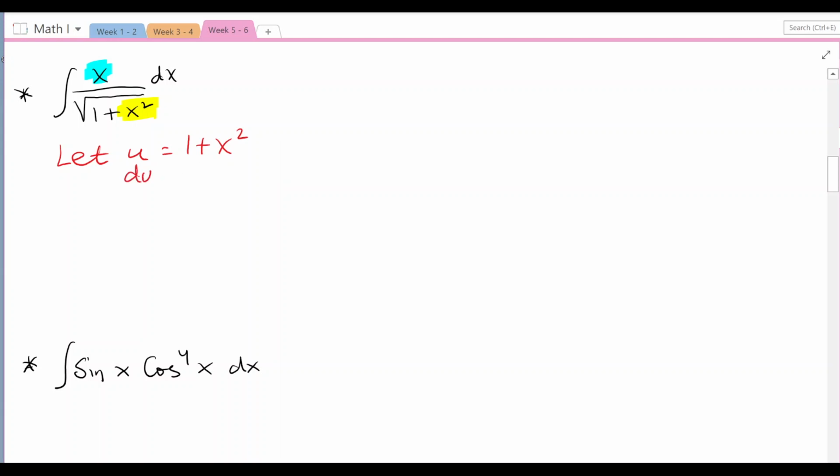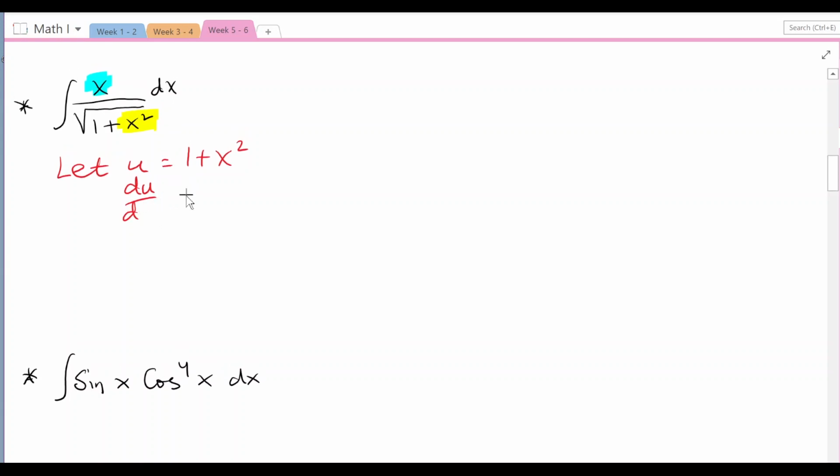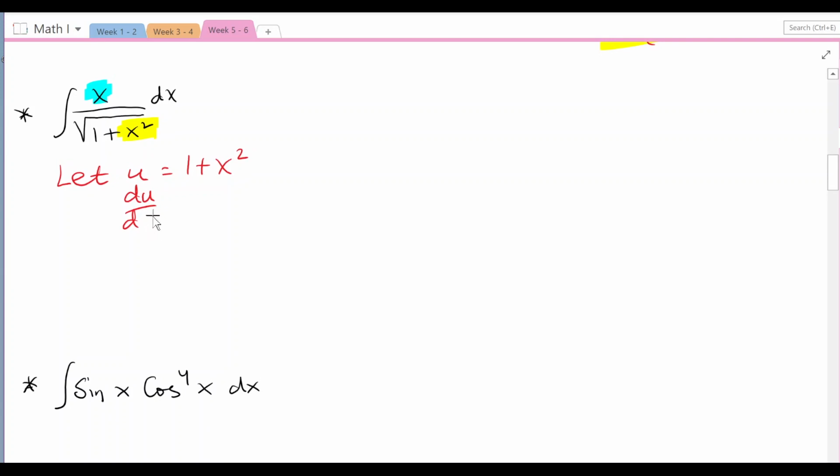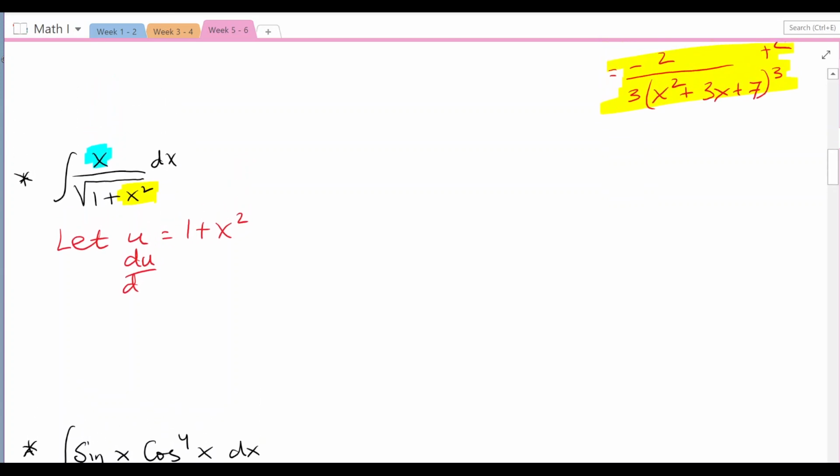Okay, so proceed by taking the derivative of u with respect to x, which equals 2x.